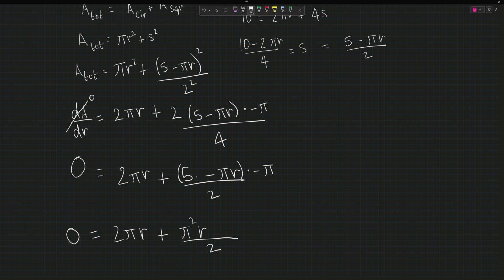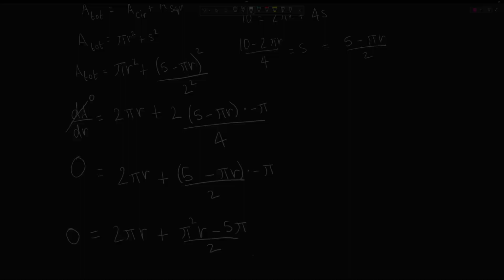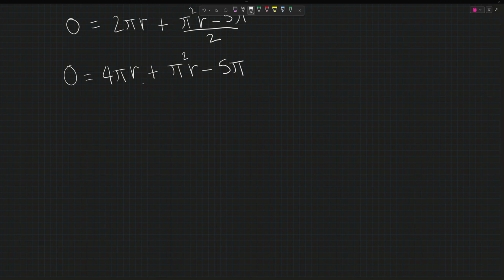And if I'm not wrong, we need to subtract the 5 pi. Right. So multiply the 2 everywhere, and now I'm going to divide the pi from everywhere.